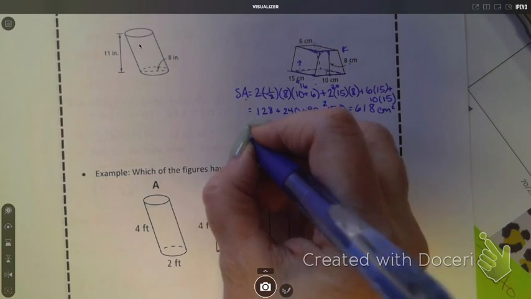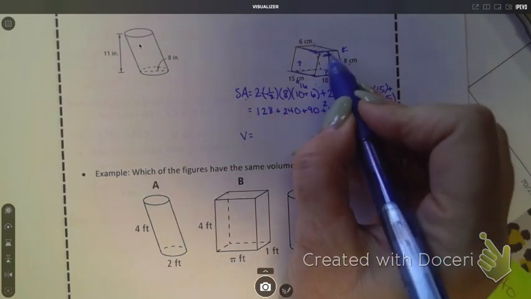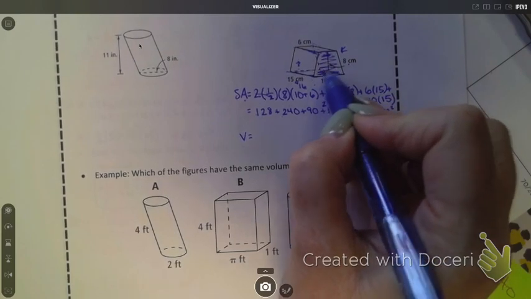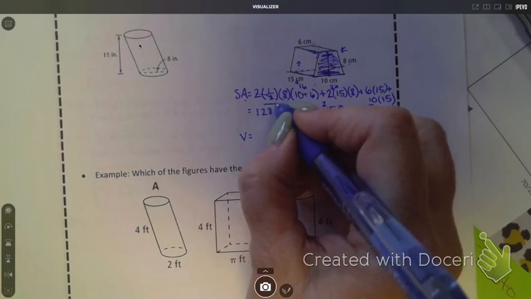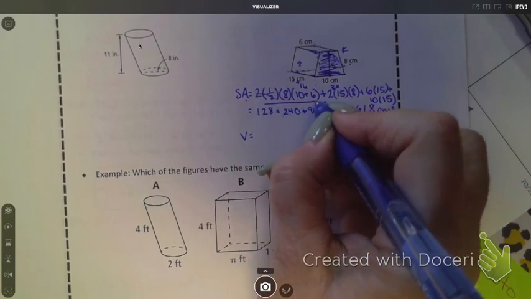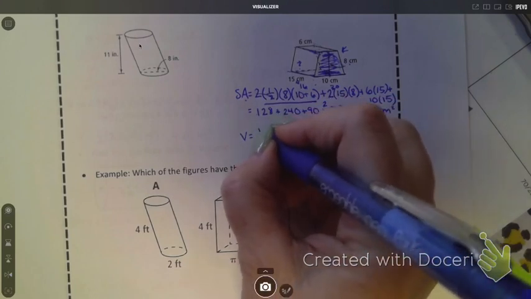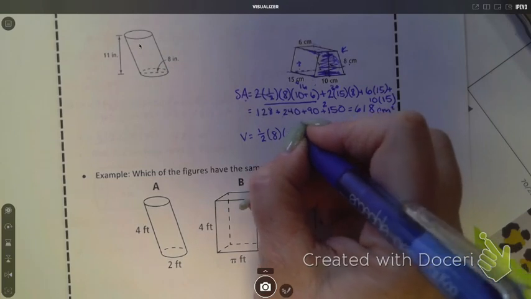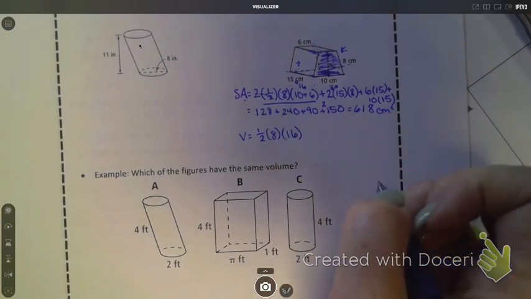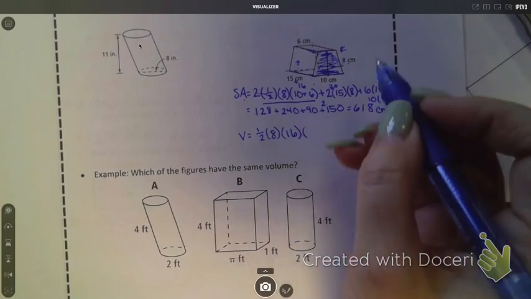So the volume is going to be the area of the base, and it's a trapezoidal prism, so this trapezoid is my base. Do I already have that area right here? Yes. So it's 1/2 times 16, where the 16 came from 10 plus 6, times the height.